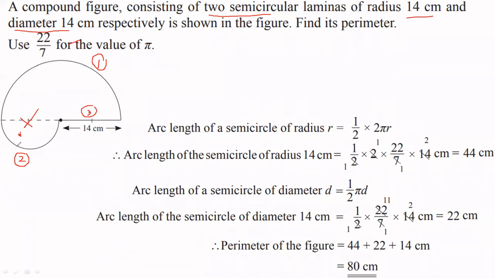But in the smaller semicircle, 14 means diameter. Okay. Here to here distance of this circle means that is the diameter. But when you consider the bigger circle, 14 means radius.